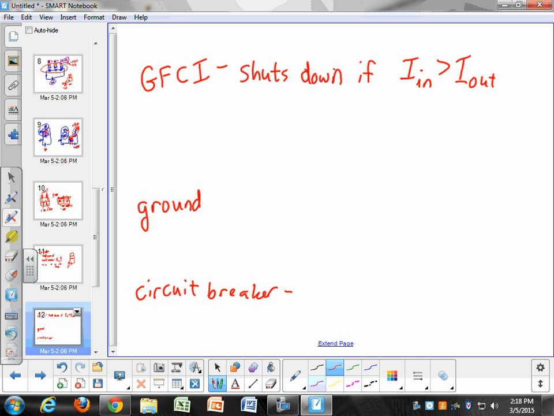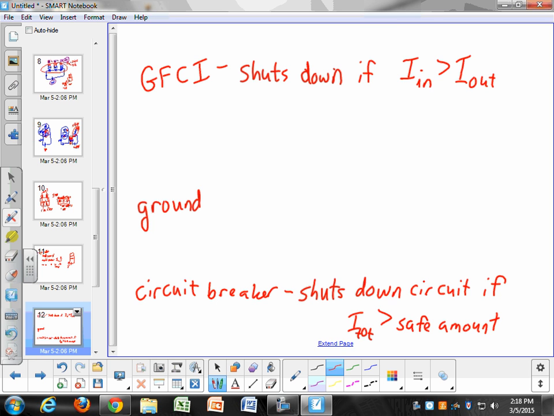That's very similar to the circuit breaker, but different. This shuts down the whole circuit if the total current exceeds some safe amount, whatever your circuit breaker is rated for.